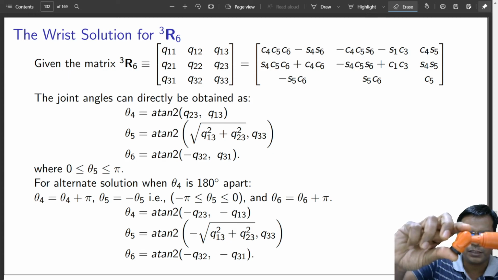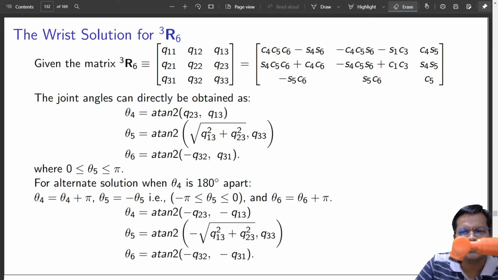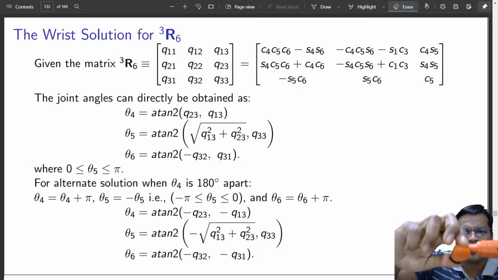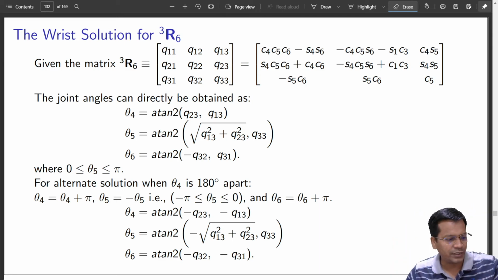So if you rotate by 180 degrees and come back like this, you can again orient in the same manner. That means theta 4 can be theta 4 or 180 degrees plus theta 4 and you are still in the same orientation.